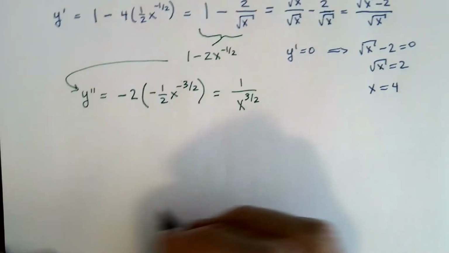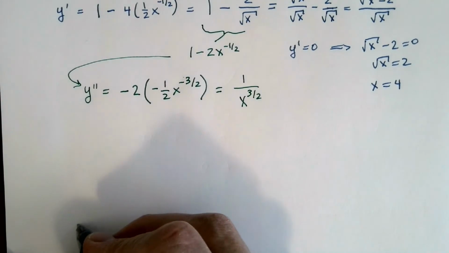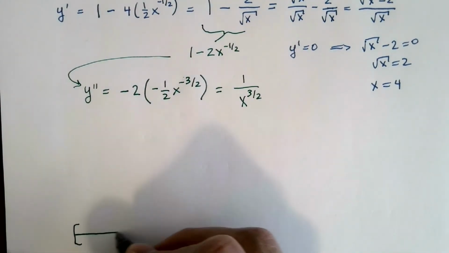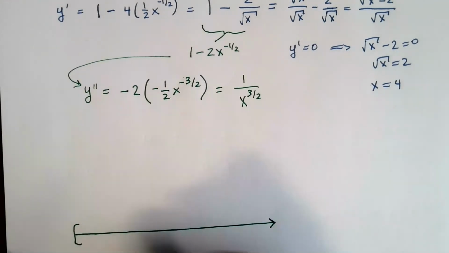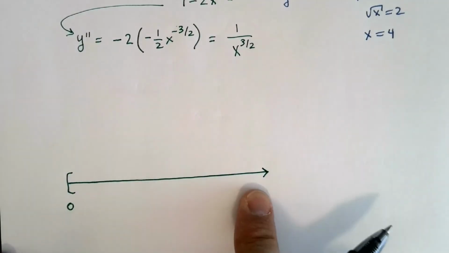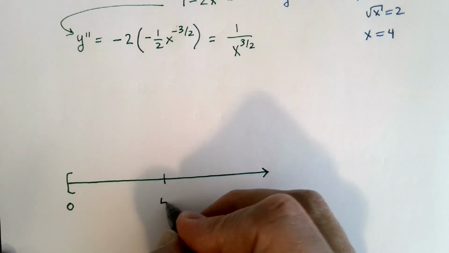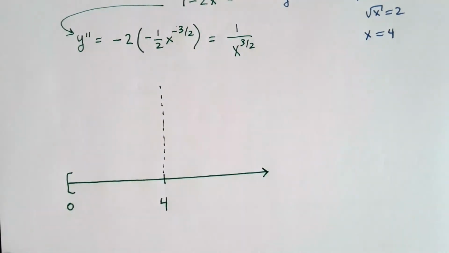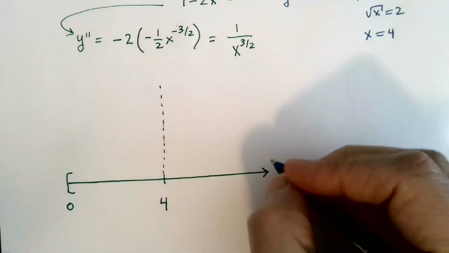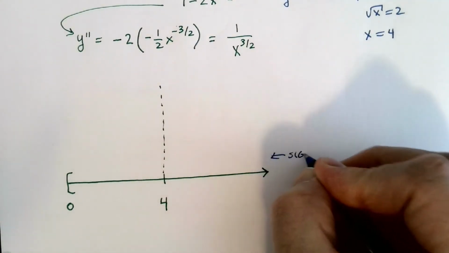And let's see if that indeed is a transition point. So I'm going to do a sign check on the first and second derivative, and notice its domain is everything greater than 0, so I'm only going to look at this, and 4 right here is the point of interest. So let's look at the sign of the first derivative.